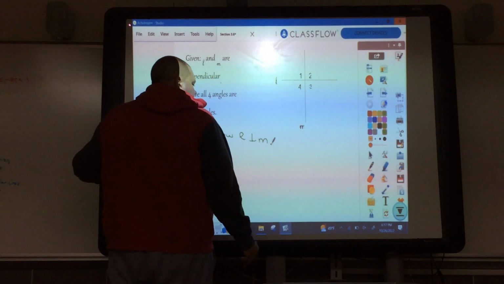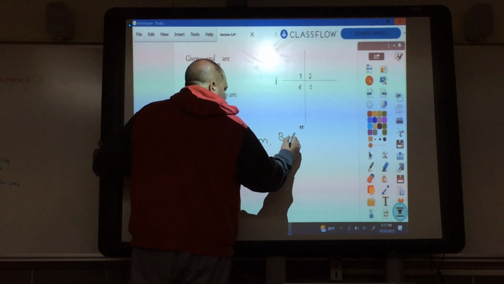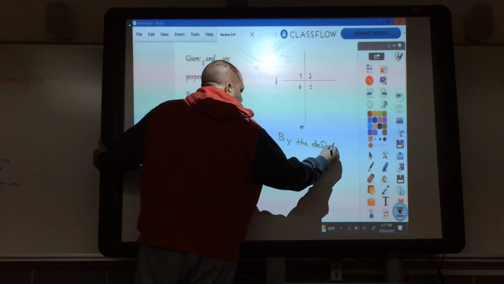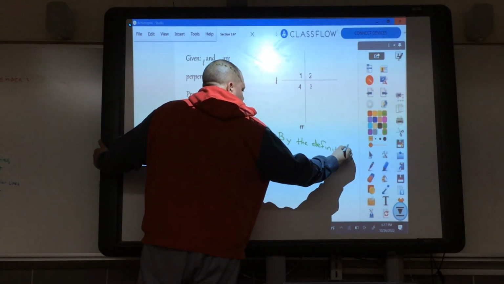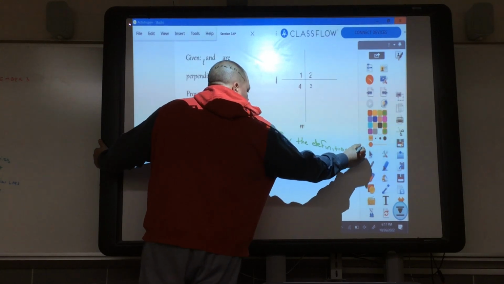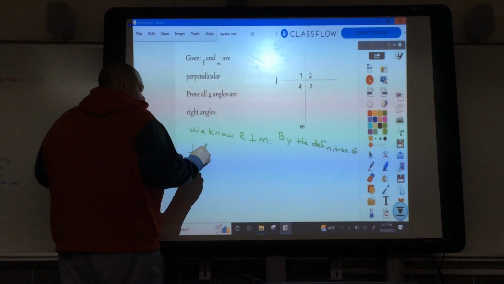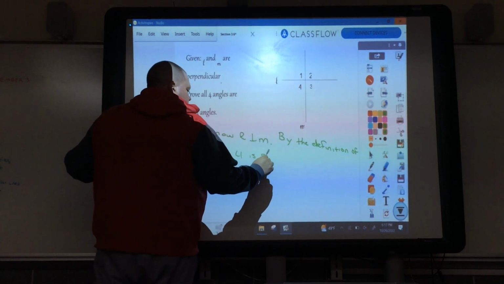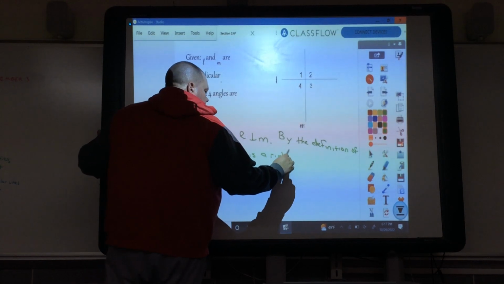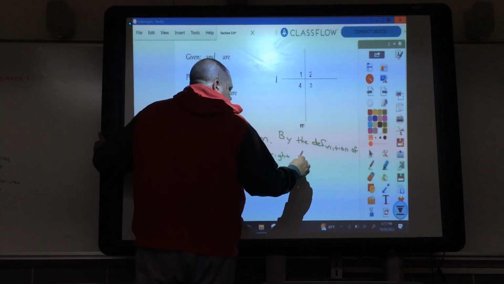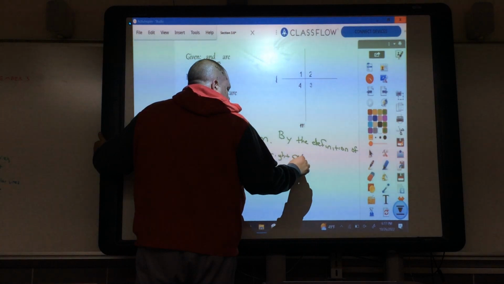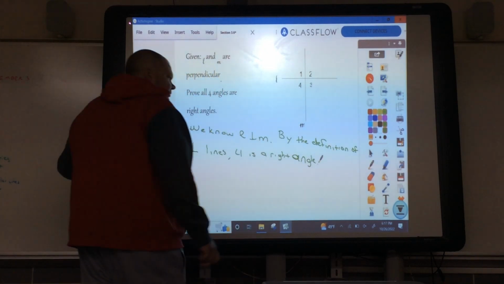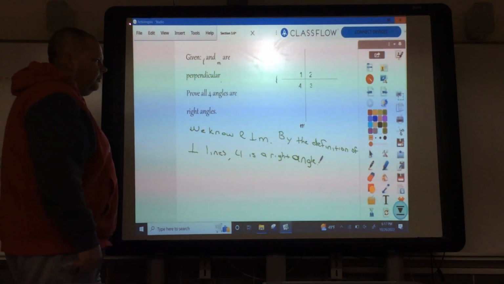Now, by definition of perpendicular lines, and I'm going to allow you on this to use the upside down T for perpendicular. Okay. Definition for perpendicular lines, angle 1 is the right angle.